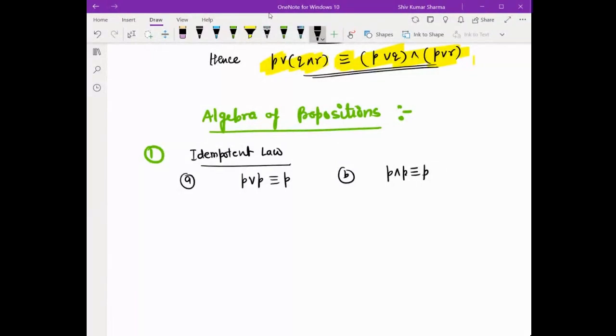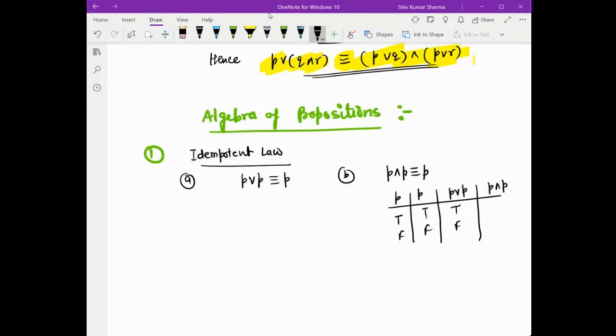So here you see that we have only one statement. We prove this using a truth table. When we have only one statement, the number of rows is 2, true and false. Then we write P again, having true and false. So we write P or P. P or P is false only when both are false, otherwise true.